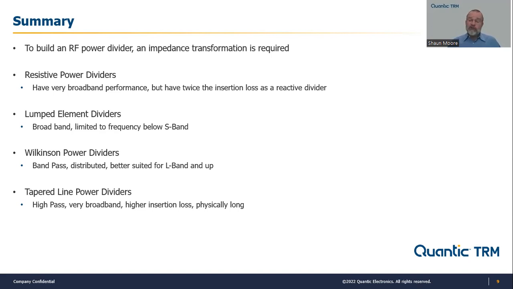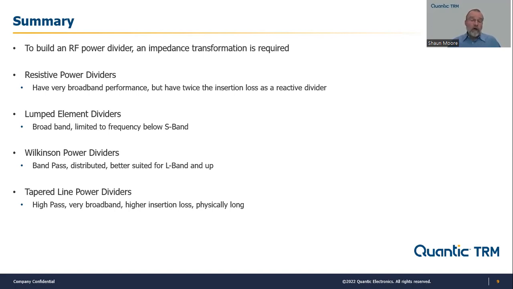These are really efficient, starting from UHF, L band and up. From a structure standpoint, these are band pass structures, and therefore the more bandwidth, the more sections you need to add, and the higher the insertion loss you get. These are very good power dividers for 500 megahertz, a gigahertz and up, and you get some very good performance out of it.